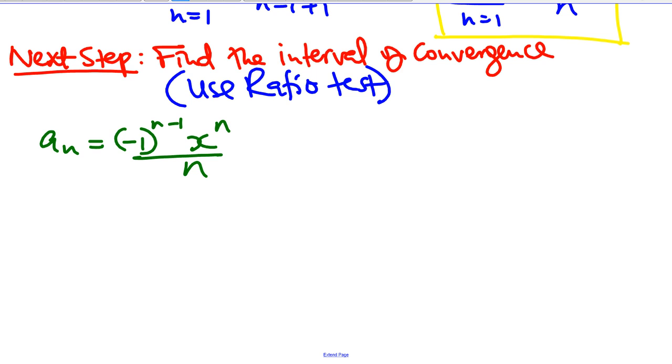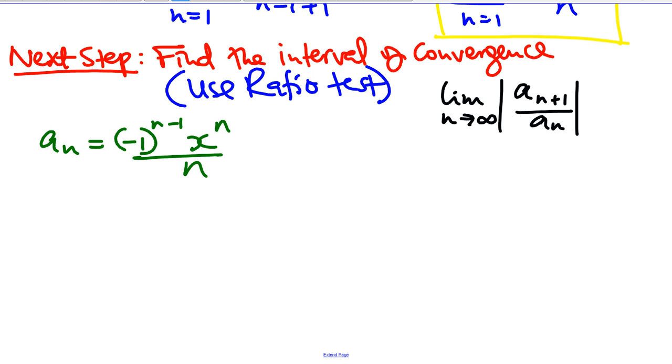And like I said, in the ratio test we are going to find the limit as n approaches infinity of the absolute value of a sub n plus 1 over a sub n.